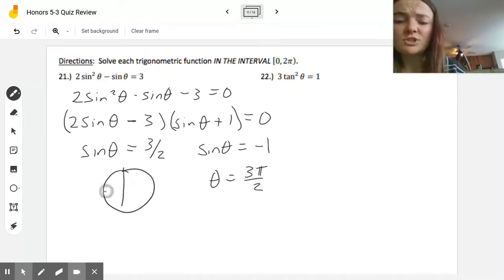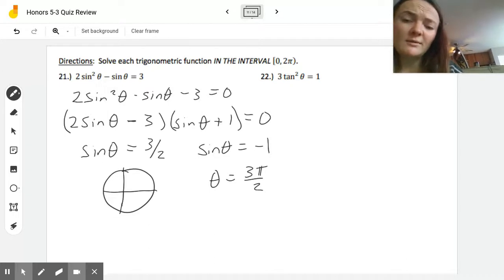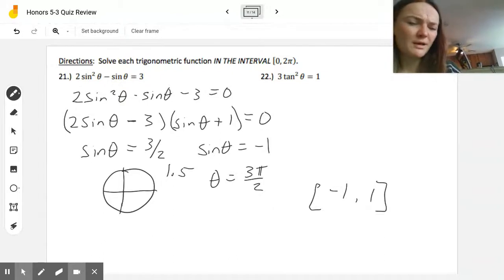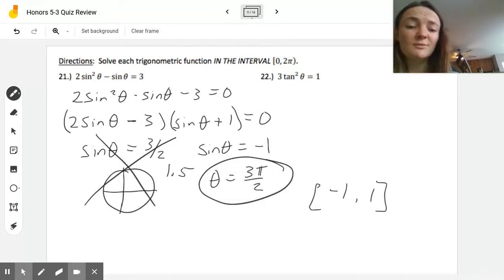It's not on my unit circle. I just want to know, okay, when does sine of theta equal basically 1.5? Wait a darn minute. I thought that the range of sine was from negative 1 to 1. That's bigger than 1. And so that is actually an extraneous solution. That solution does not exist. And so the only answer here is going to be 3 pi over 2.